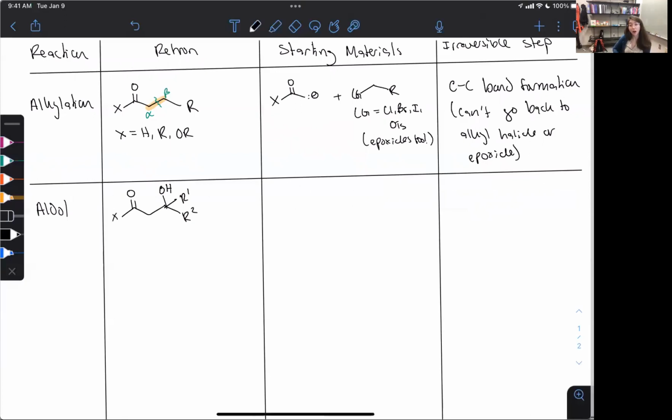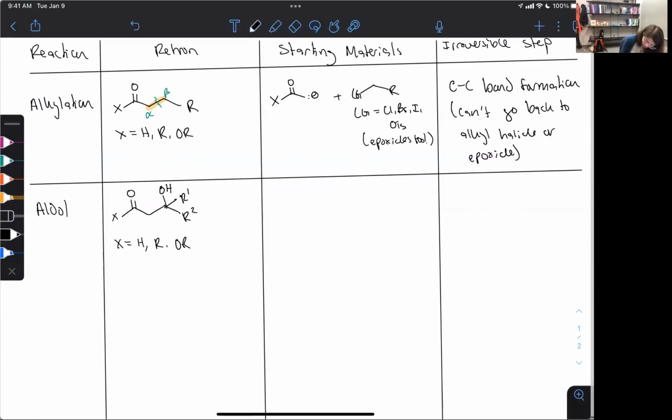Again, our starting carbonyl that we've made the enolate from could be an aldehyde, a ketone, or an ester, really anything that would allow us to make that enolate. That's really all we're looking for here.